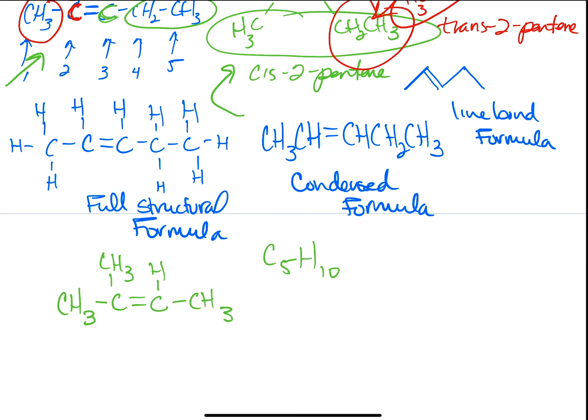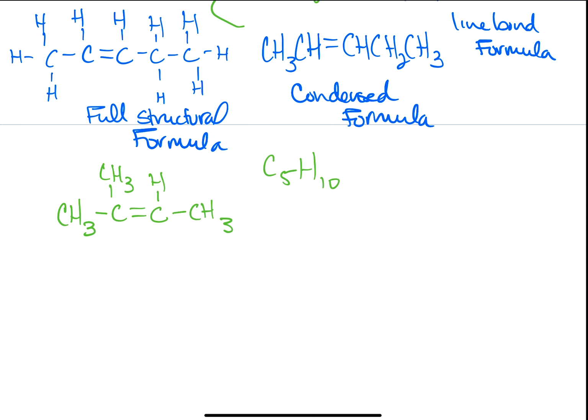Well, it's already kind of drawn in condensed format a little bit, but can we condense it a little bit more? Yes. Can we draw it in a full structural formula? Of course. So in full structural formula, again, you want to see every atom and every bond. So what you would do with that is this.